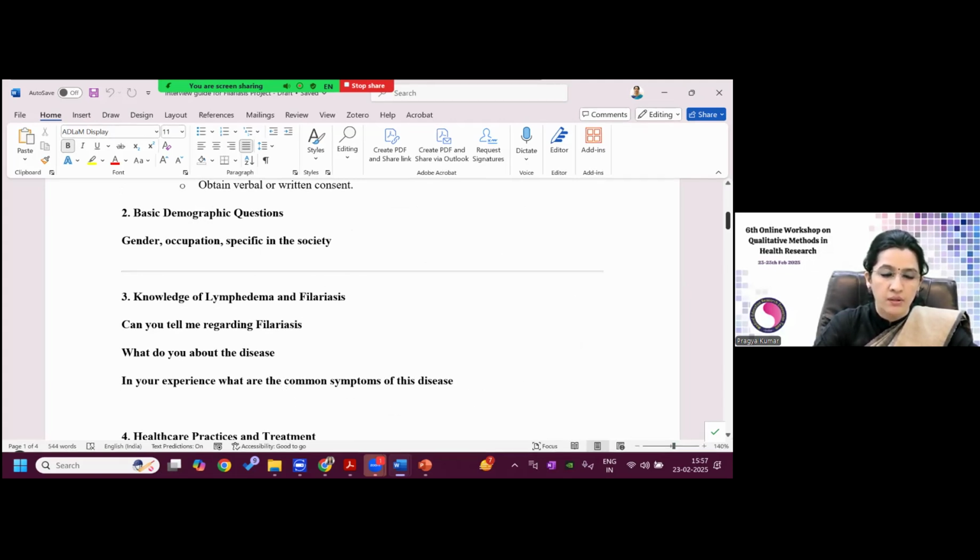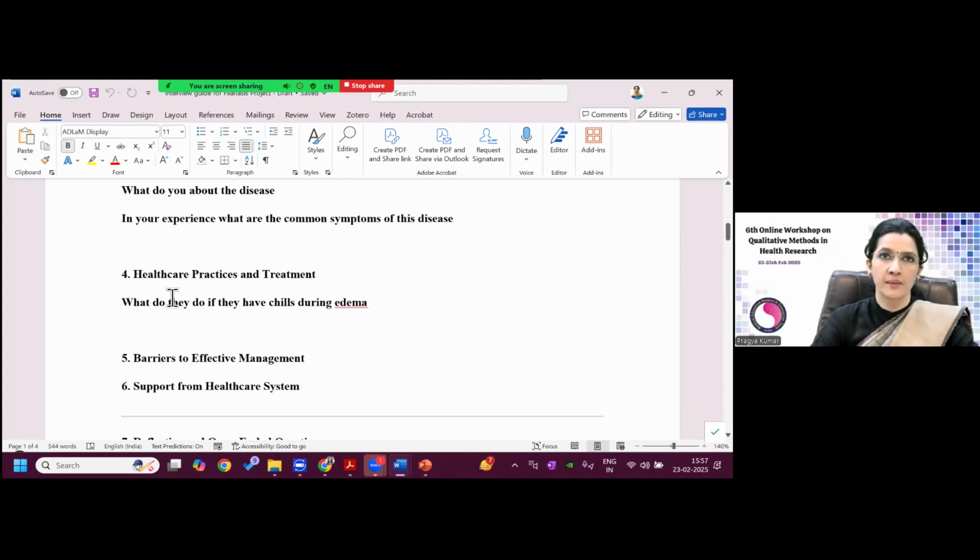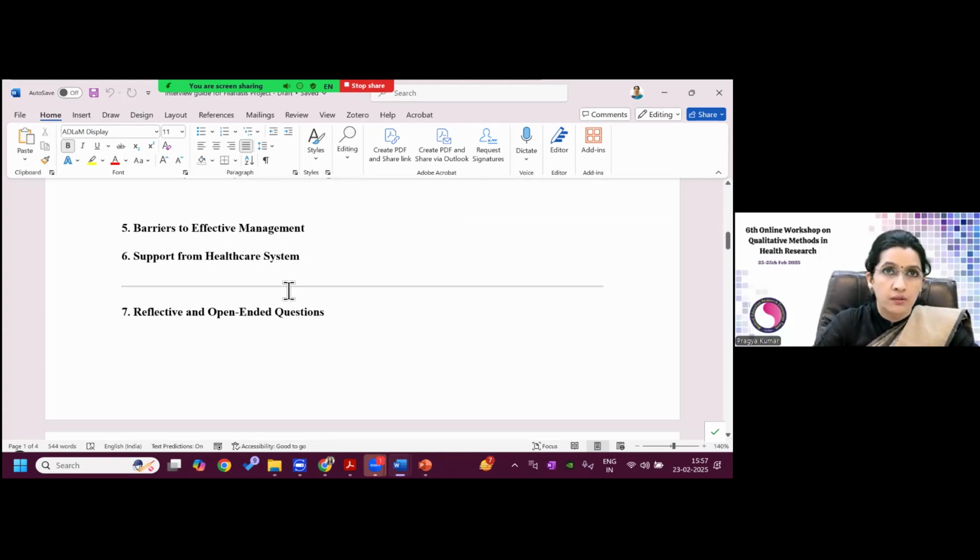And then my next is healthcare practices and treatment. So what do they do if they have chills during edema? There are some barriers to effective management. Then what is the support which they get from the health system? And then some other questions. So these are some broad ones which we have identified through literature search.